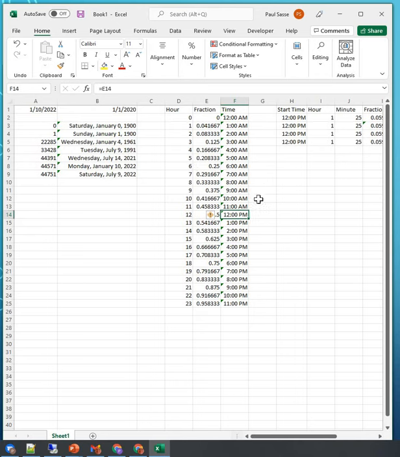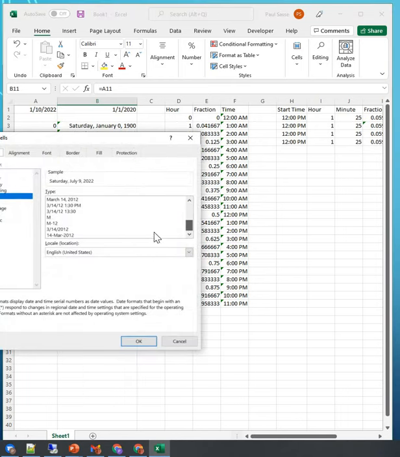Okay. So to get date and time, if I were to do, that's today's date plus 0.25. And if I were to do a reference, and I'm going to change the format of this so we can see the date and the time.